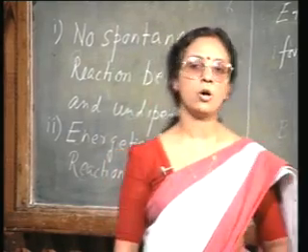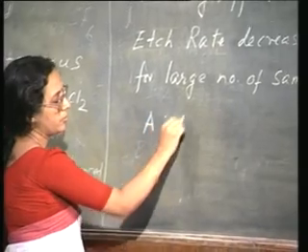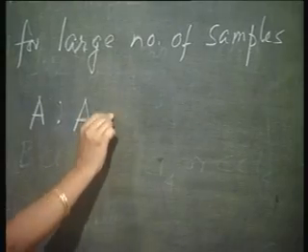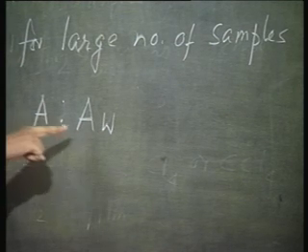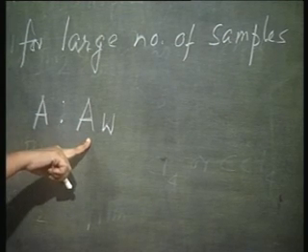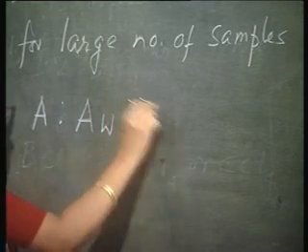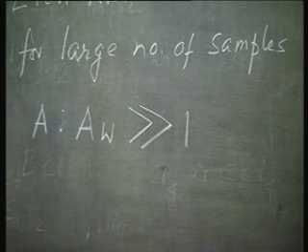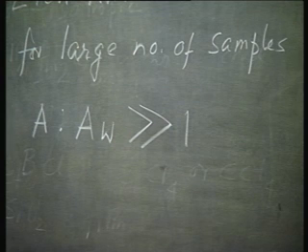The ratio of reactor chamber area A to the wafer sample surface area AW must be very large. That is, in other words, your chamber should be big. The bigger your chamber, the less is the loading effect.